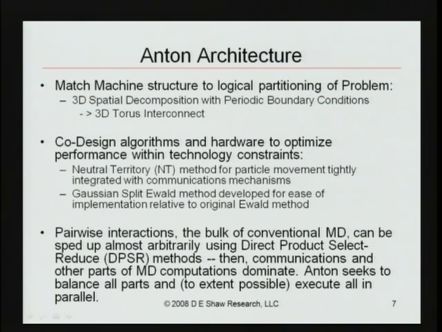So we set out to co-design the hardware and the algorithms and the software all in parallel, so that we actually made significant changes to standard molecular dynamics algorithms that run on most software simulations in order to better fit the hardware.